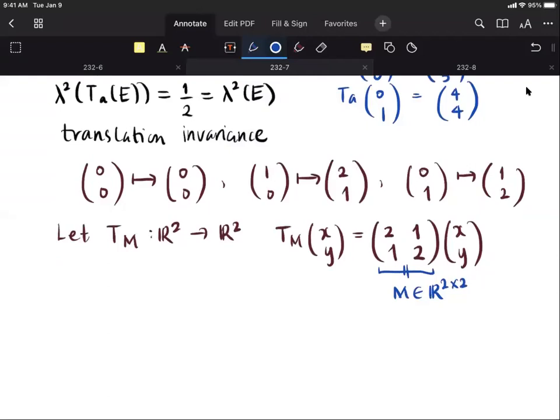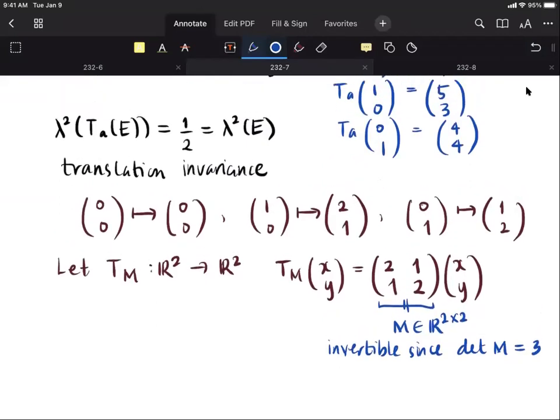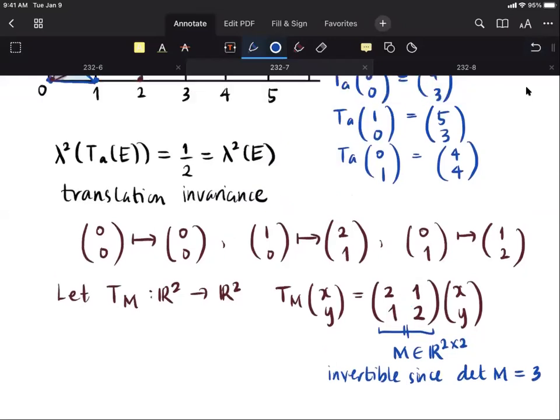And you can see immediately that this is invertible since the determinant of M is equal to 3. That would be 2 times 2, minus 1, so that would be 3.